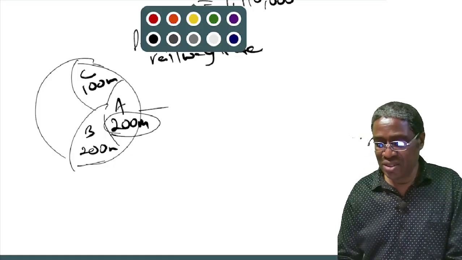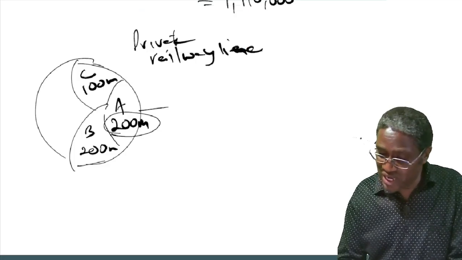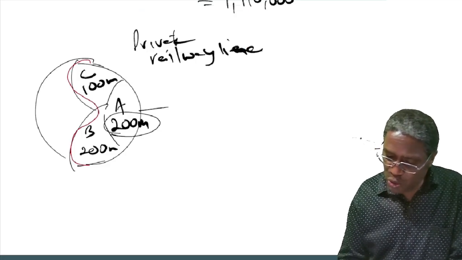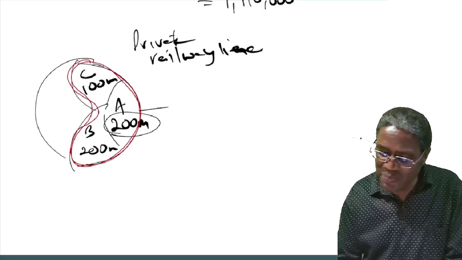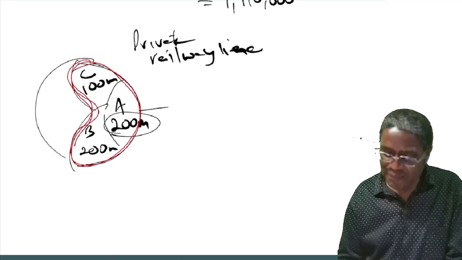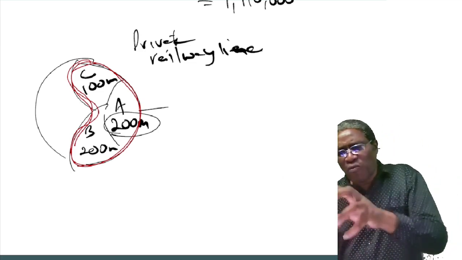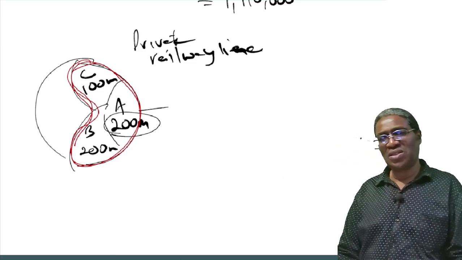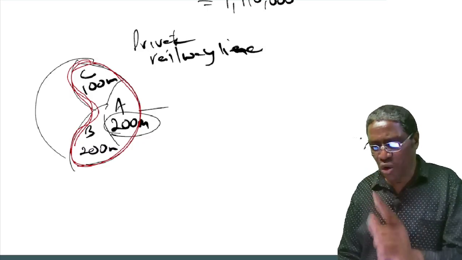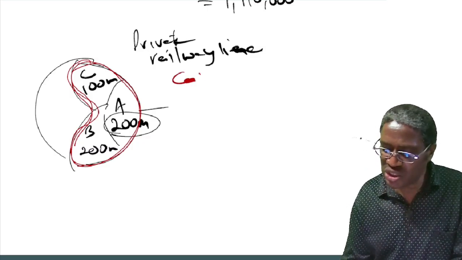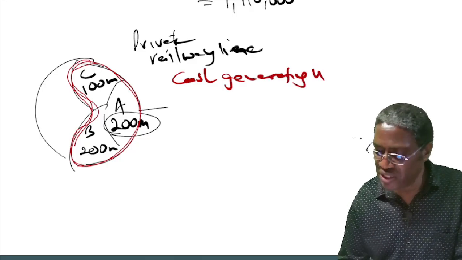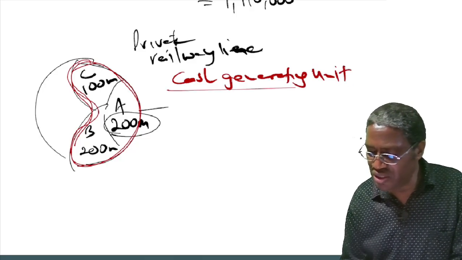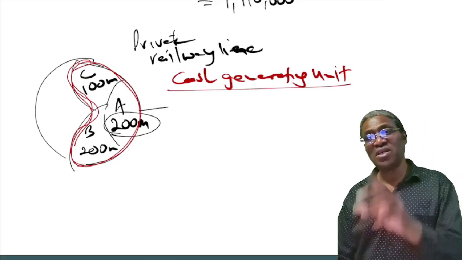As a group of these three assets, they can generate their own independent cash flows. That group of assets is what we shall be calling a cash generating unit.